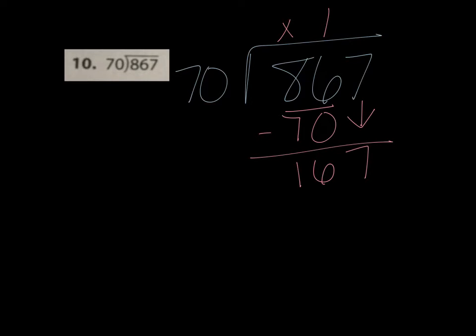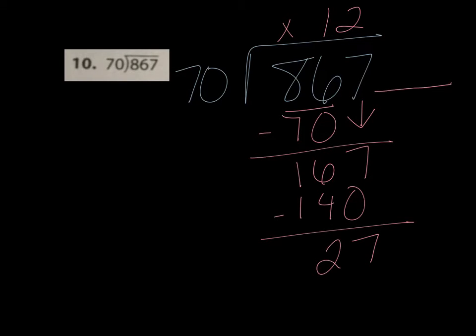You have 167. We know that 2 times 70 is 140. So that's going to fit. 2 times 70 is 140. Subtract, and you have 27. You have nothing left to bring down. So 27 becomes our remainder.